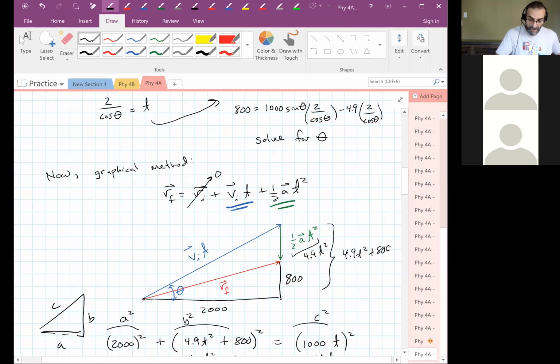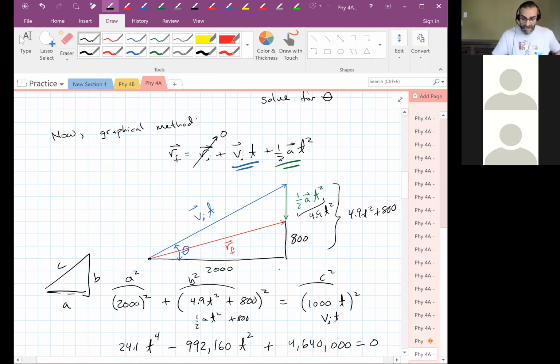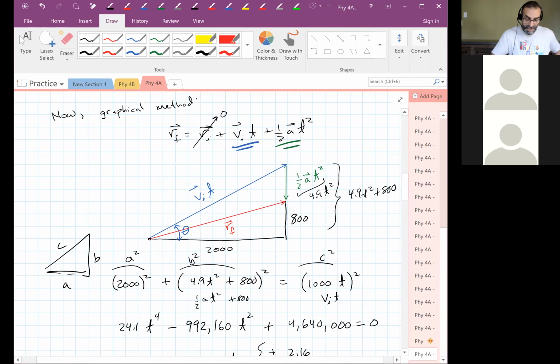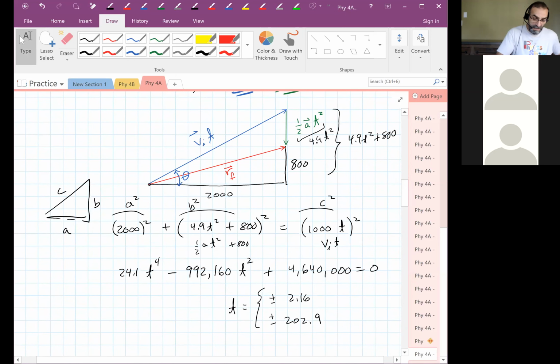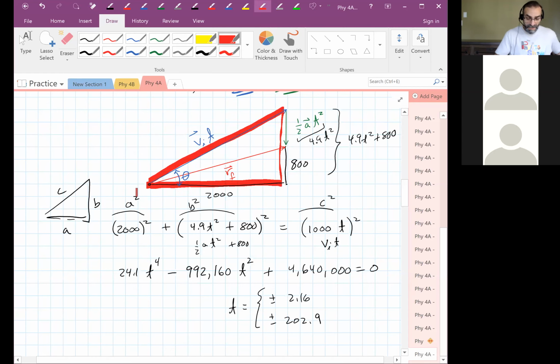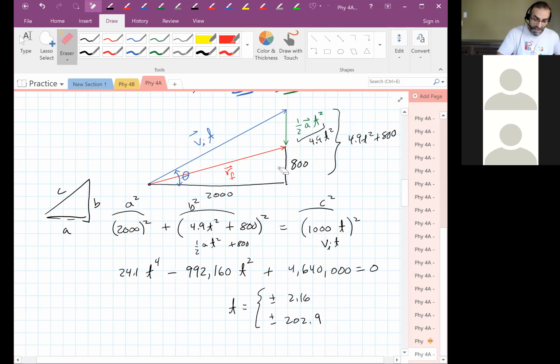to 800, because that's the length of the lower one, to get the length of this side of my triangle. And then I just use the Pythagorean theorem. It's a right triangle. So I square one side, square the other side, add them together, and that's the square of the hypotenuse.